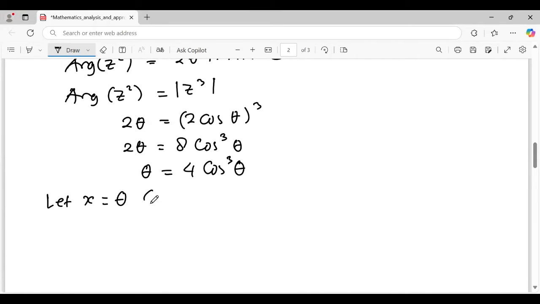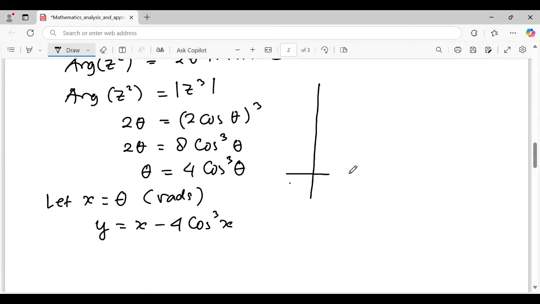So if theta is in radians, y becomes x minus 4 cosine cubed x. I have sketched on a Cartesian diagram y against x, with theta in radians, and the graph looks like this.